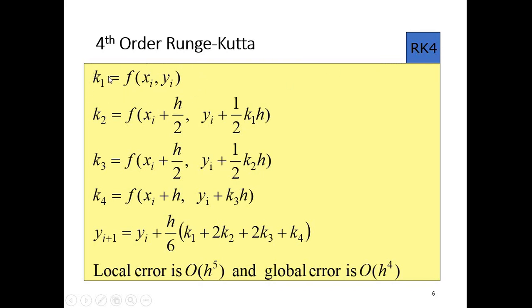So k1 is the same, f of xi, yi, and k2 is equal to f of xi plus h over 2, yi plus 1 over 2 k1 h, and then k3 is given by f of xi plus h over 2, yi plus half k2 h, and k4 is given by f of xi plus h, yi plus k3 h, and then your equation for predicting your y value is given by yi plus 1 equals yi plus h over 6 times bracket k1 plus 2k2 plus 2k3 plus k4.